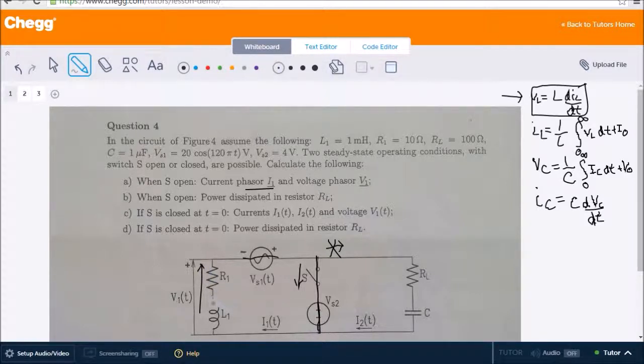So V1 will be I1 times R1 plus the voltage over that inductor, which is L dI1/dt, because IL is I1 here.